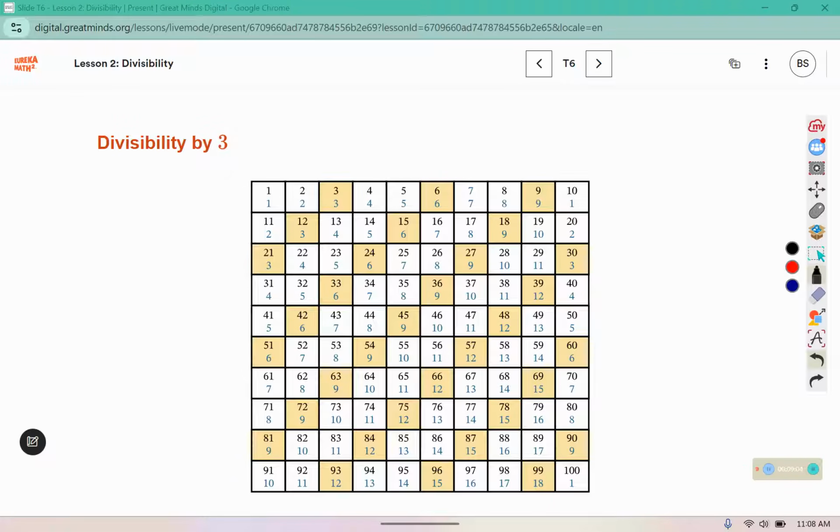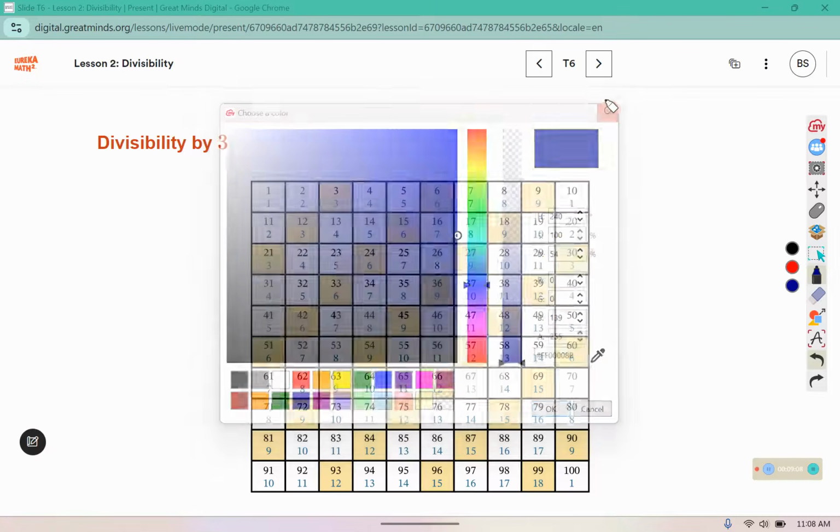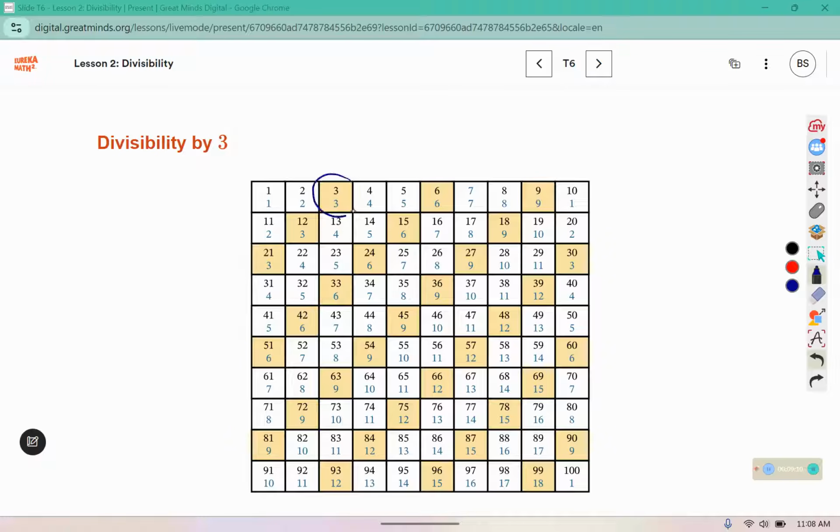So we're going to go through and circle all of the ones that are divisible by 3. 3 is divisible by 3. 6 is divisible by 3. 9 is divisible by 3. 3 is divisible by 3. 6, 9, 3, 6, 9, 3, 6, 9, and so on.